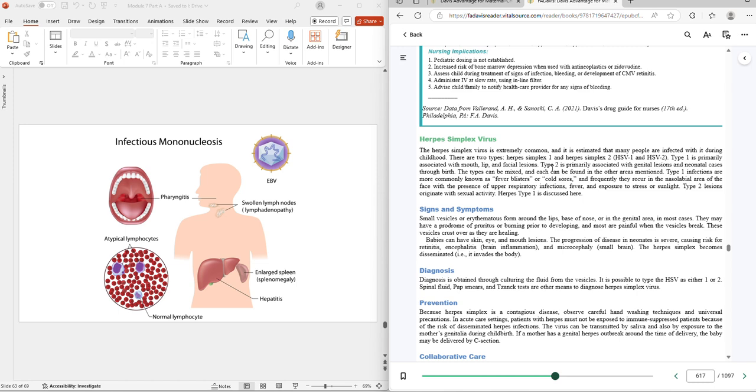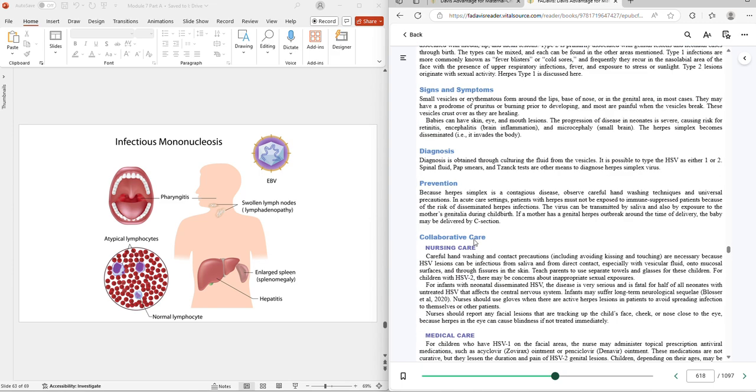If mothers have active genital lesions when they are in labor, they cannot deliver vaginally because the neonate, the fetus, the baby, when they're born, can go through the birth and it can become herpes on the brain. So prevention, of course, is transmitted through saliva, and they would have to have a C-section. Okay.